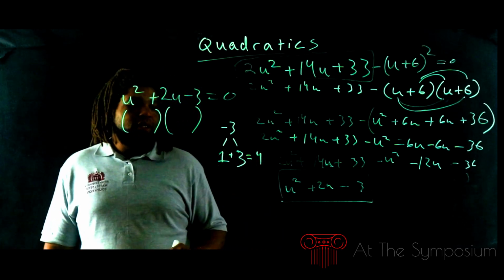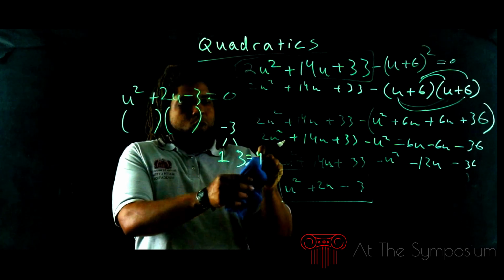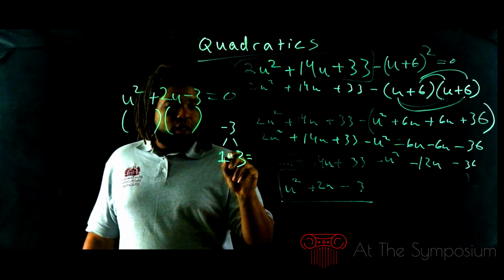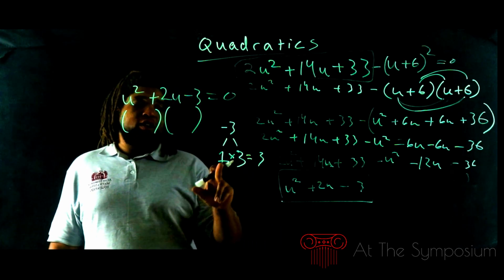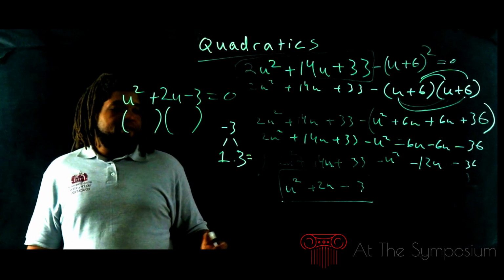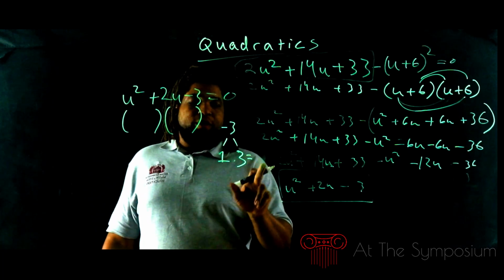That equals 4. Okay, so that doesn't necessarily work. 1 plus 3 equals 4, but 1 times 3 equals 3, not negative 3. Remember, the value matters. So we have the same quantity, but not the value. So now we have to keep going. It doesn't mean our numbers are bad.